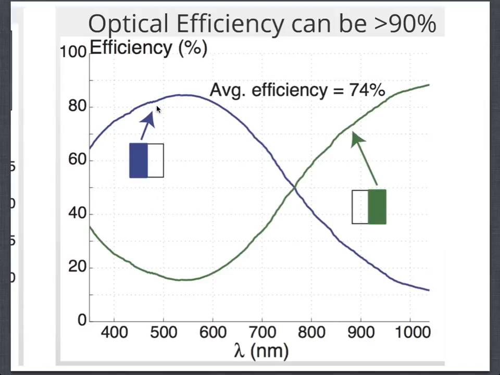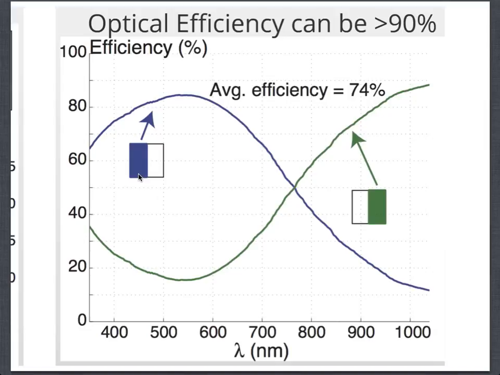But this is not the case. You have some leakage. For example, at 400 nanometers the efficiency for the blue one is about 70%, and the green has 30%. That means 70% of photons with 400 nanometer wavelength are at the blue and 30% are at the green.